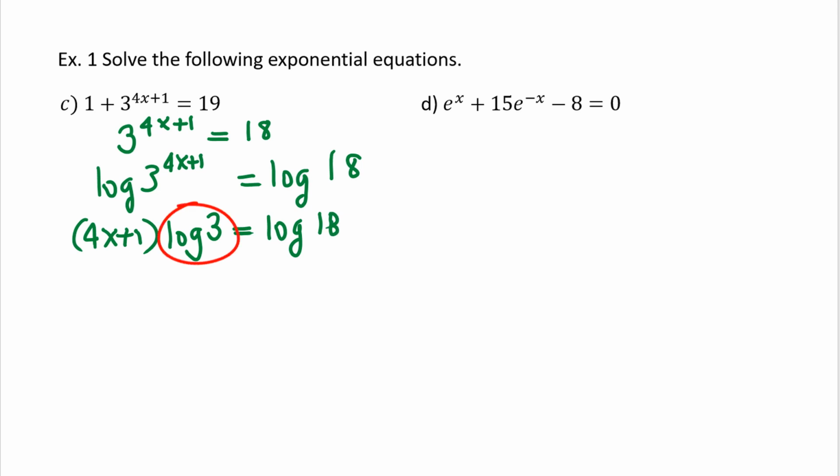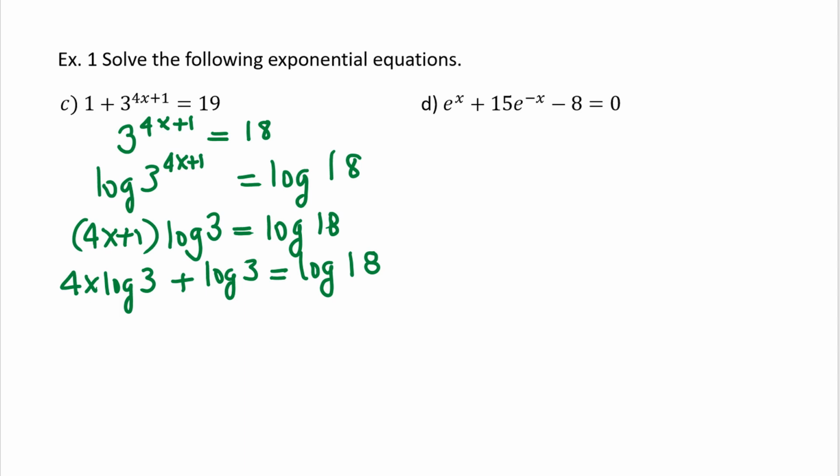Distribute the log 3. So you'll get 4x times log 3 plus 1 times log 3, which is just log 3, equals log 18. Now we need to get x by itself, so let's subtract the log 3. So we'll have 4x log 3 equals log 18 minus log 3.